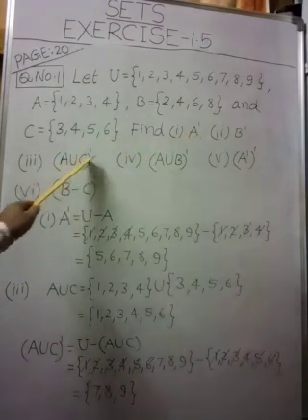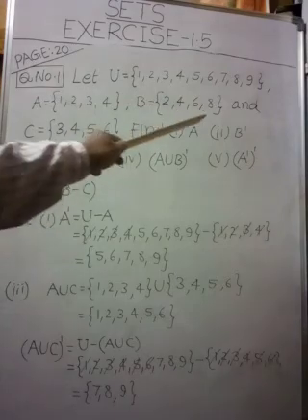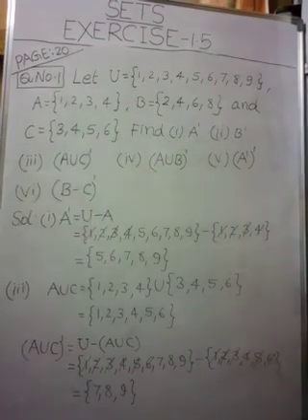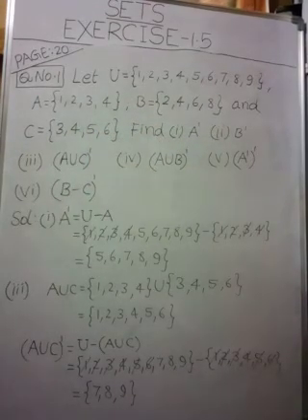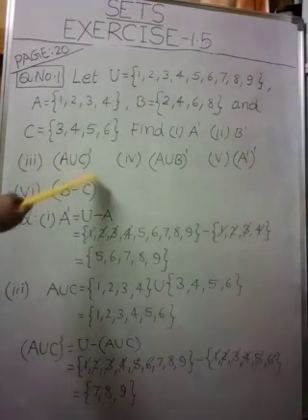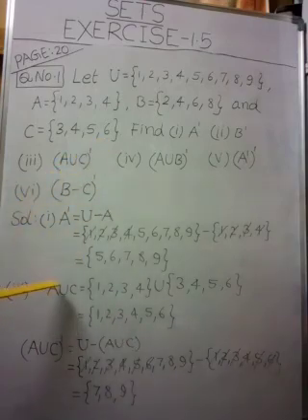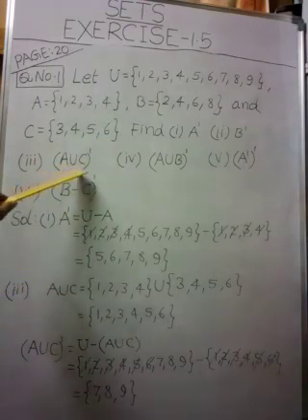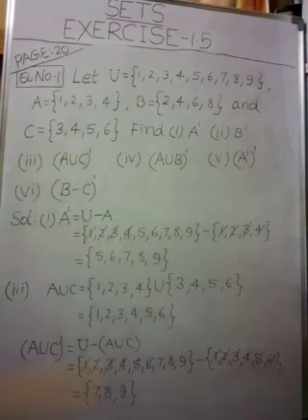Now come to (A union C) whole complement. I did not complete the second question. You try the second question. You find B complement. Can you do it, my dear children? Right. So I am doing the third question here, that is (A union C) whole complement. Without finding A union C, we can't directly find (A union C) whole complement.